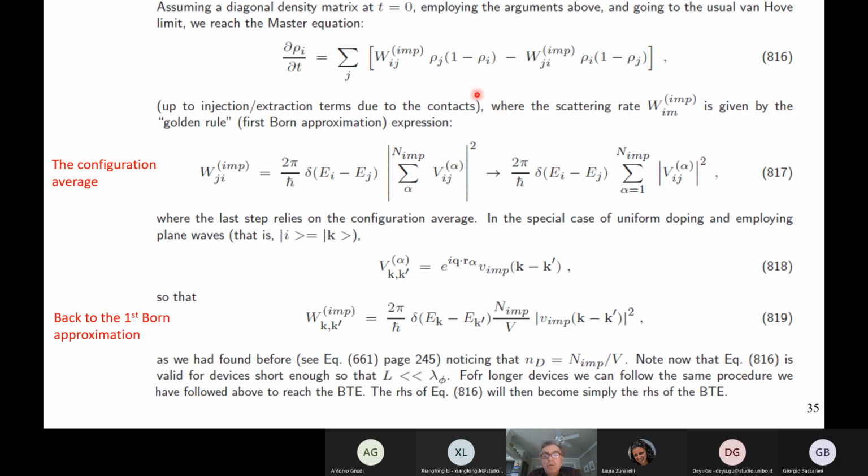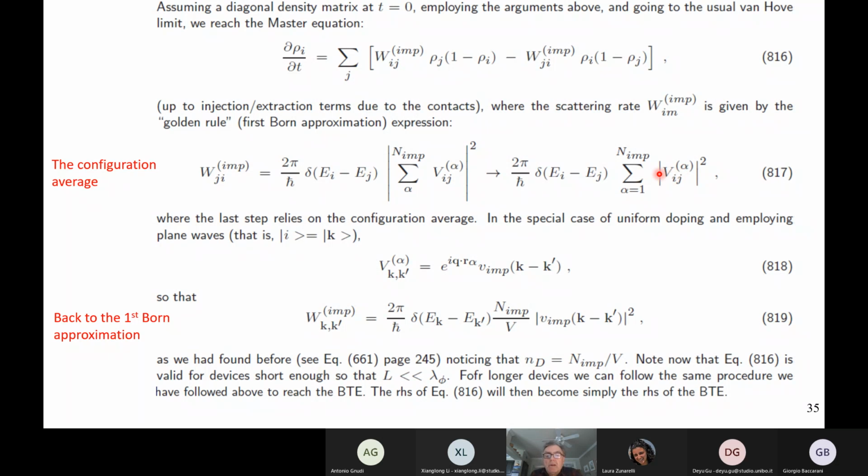We can get to the same form of the master collisional operator, in which essentially we replace the square of the total potential, the sum of the potential squared, with the sum of the squared potentials.